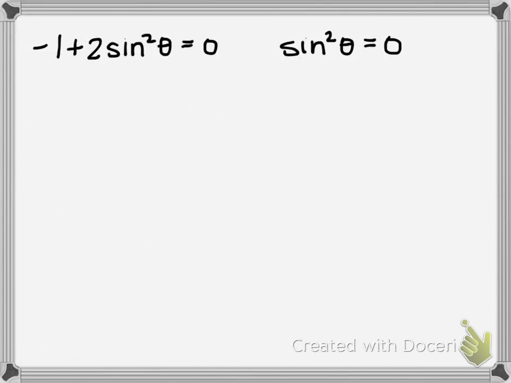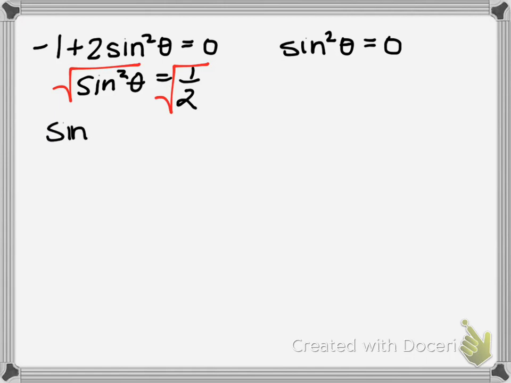So we'll add 1 to both sides as well as divide by 2, which will give us sine squared of theta is equal to 1/2. Then we will square root both sides. Don't forget when we're square rooting, we'll end up with plus or minus square root of 1/2 on the right-hand side. If you want to simplify that, you can.